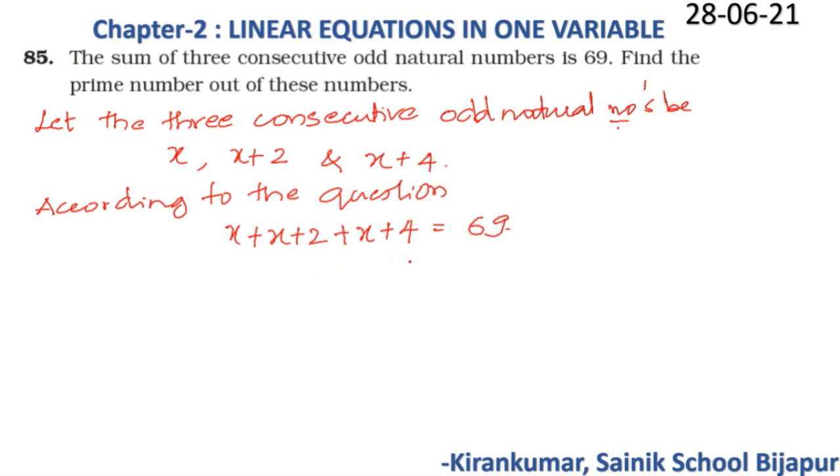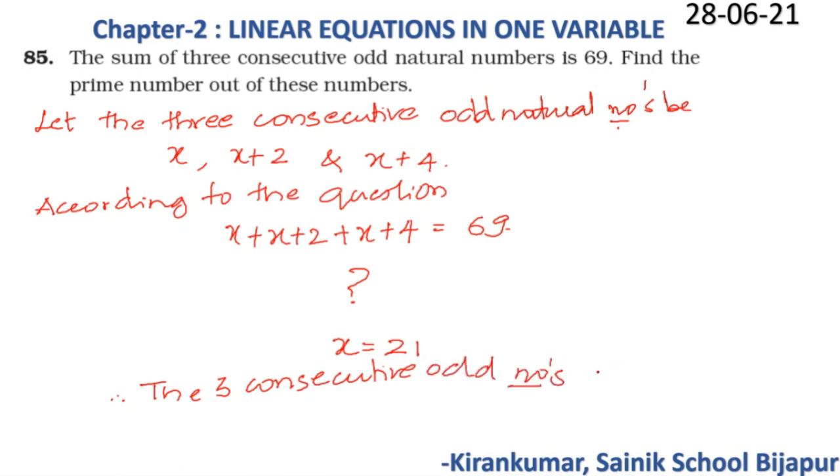This particular equation is to be solved. Solving part I will leave it to you. After solving, you must get x value as 21. Therefore, the three consecutive odd numbers are 21, 23 and 25.